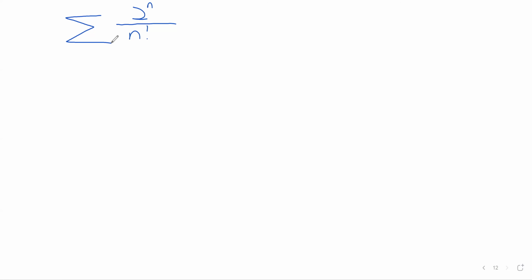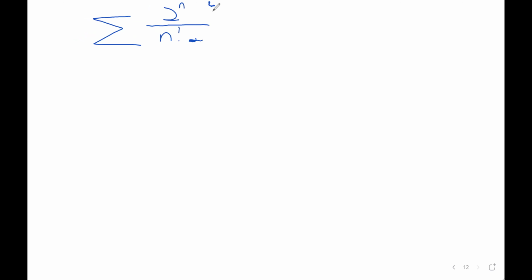Ordinarily, having a 2 to the n in the numerator is more or less going to guarantee that this does not go to 0 and that it diverges by the nth term test. But the n factorial is also really big.